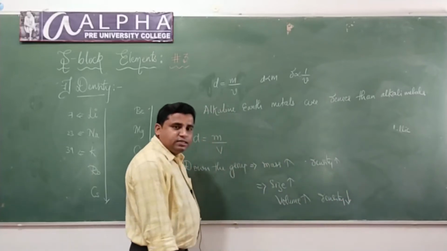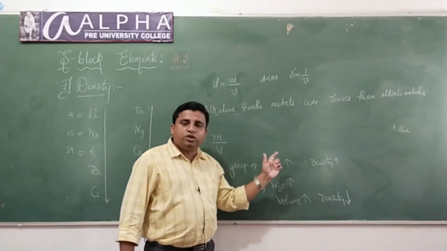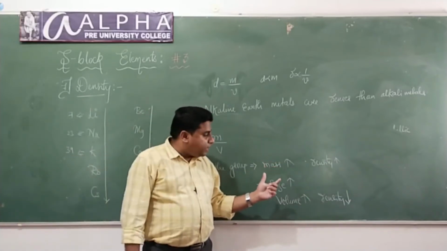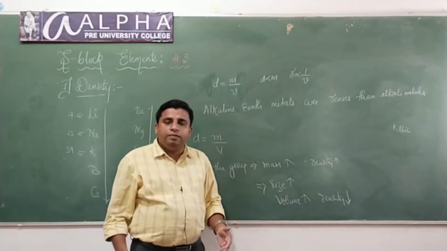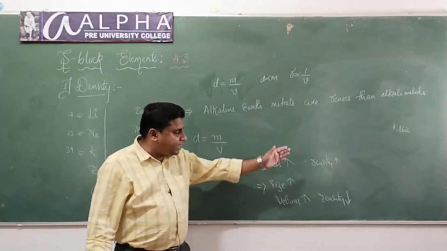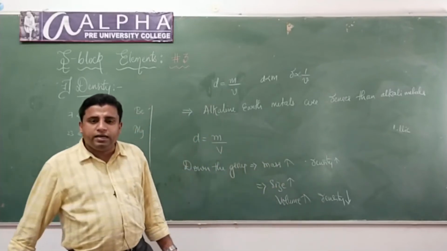See here, both are happening. Density is increasing because of increase in mass down the group, and density is decreasing because of increase in volume. Then what is going to happen to the density? Will it cancel? Will it remain the same?